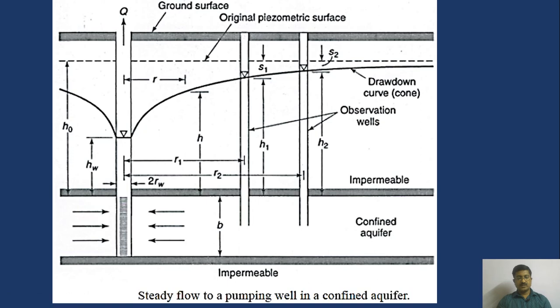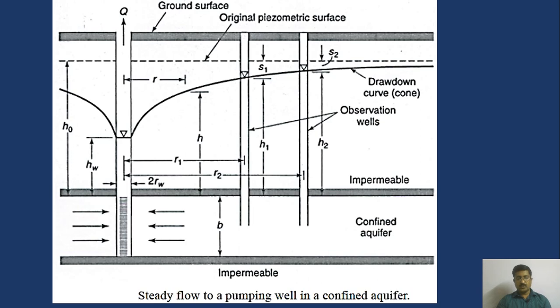So our terminology we have to remember. If you consider an unconfined aquifer or confined aquifer, lowering of the water table takes place on pumping. If the aquifer is homogeneous and isotropic and the water table is horizontal initially, then due to radial flow into the well through the aquifer, the water table assumes a conical shape called the cone of depression.